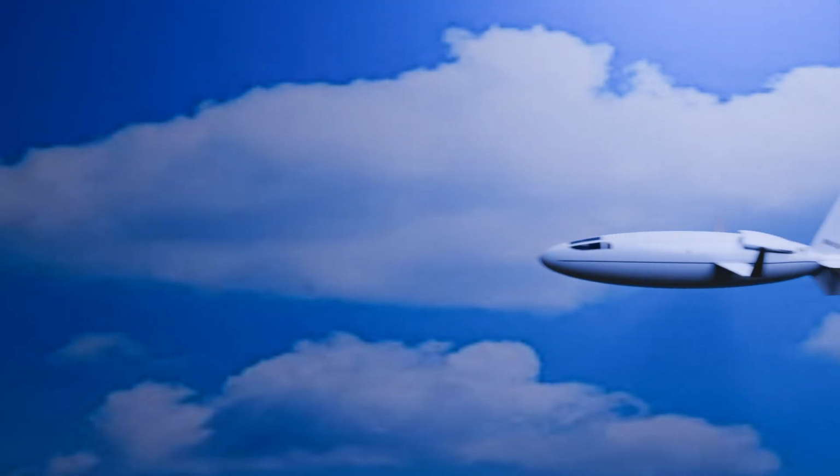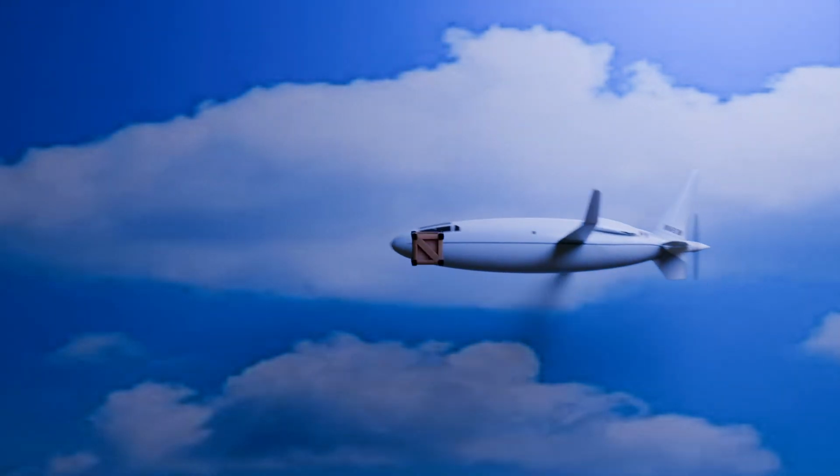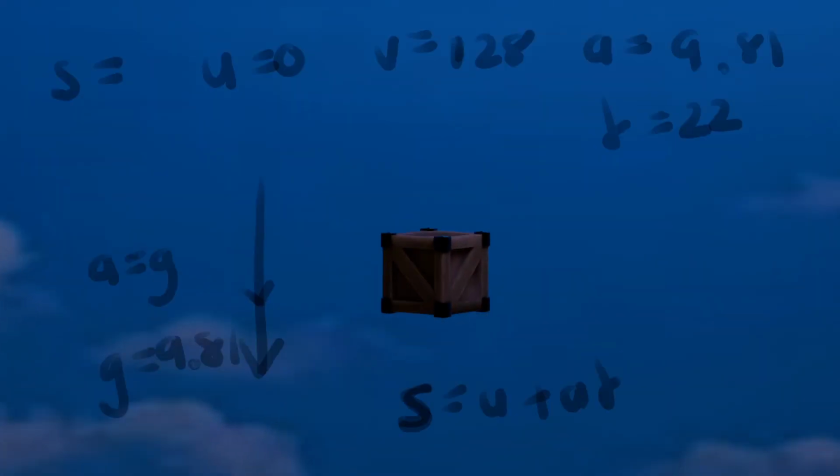Okay, let's have an example where we have a plane dropping off a box. As you can see, there's a downwards force pulling on the box, which is known as gravity, which is the acceleration.